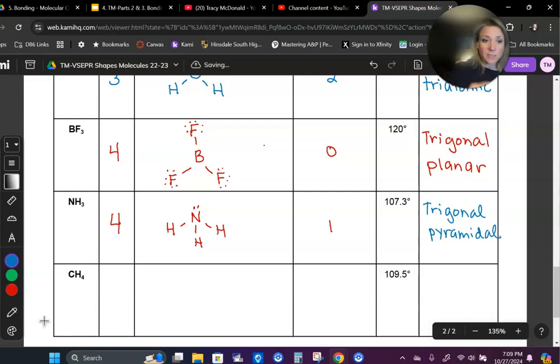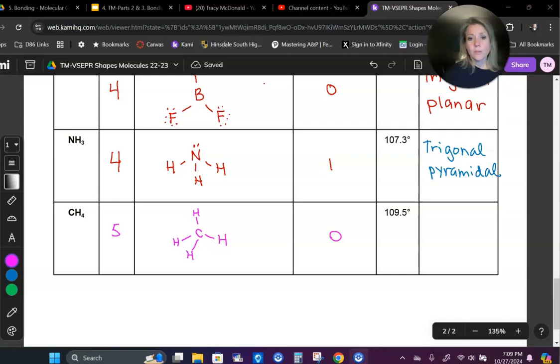My last one is CH4, and CH4 is the only example that we're looking at on this document that has five atoms in it. Here's the electron dot structure. So you have your carbon in the middle, and the four hydrogens are all around the outside.